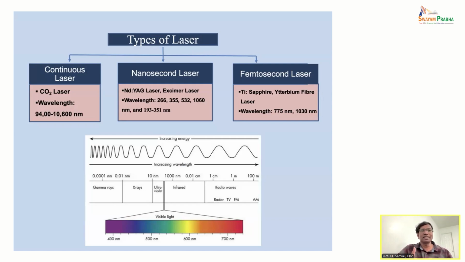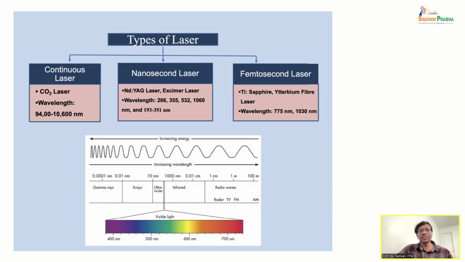As I mentioned yesterday, we have continuous lasers and pulsed lasers, depending upon the time in which we can produce those pulses. I'm also going to tell you how these very short pulse lasers are produced.